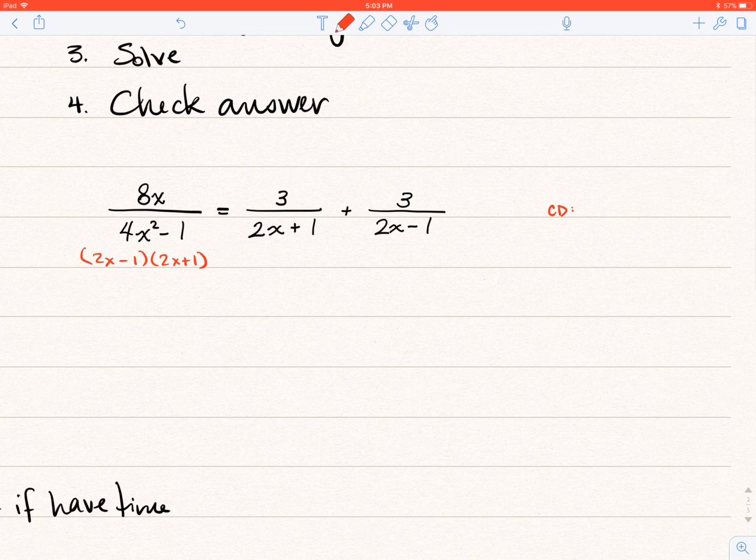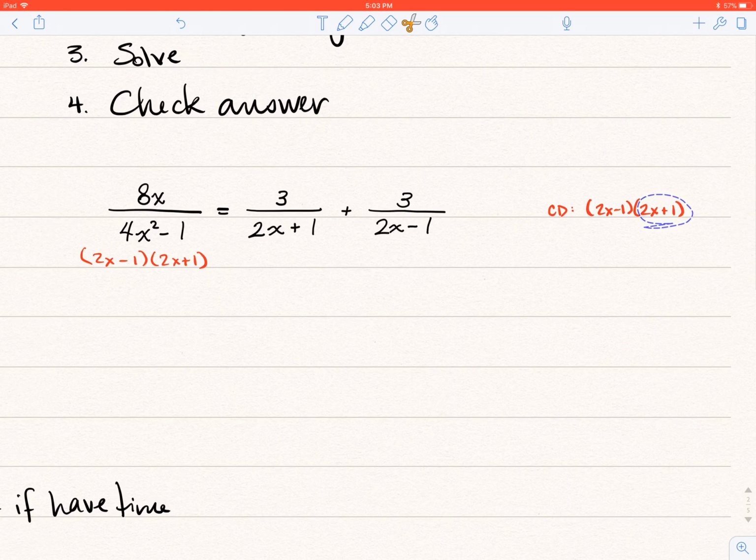So I'll write that part down, 2x minus 1, 2x plus 1. Then you'll move to your next denominator and you'll ask yourself, do I have any repeats of factors? So I do. Notice 2x plus 1 is already being used, so I don't need that one.